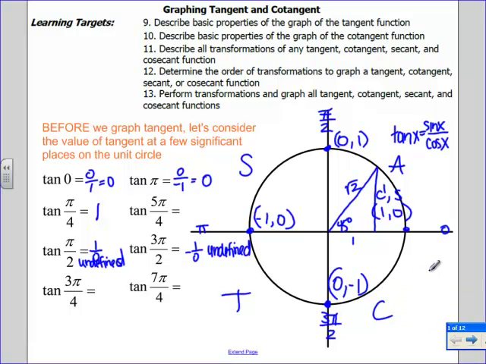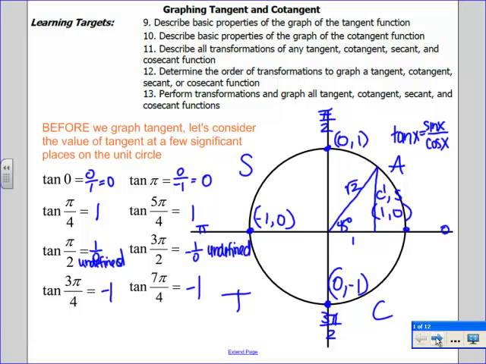It's just a matter of is it positive or negative. So in the second quadrant, in the sine quadrant, you have a negative 1. In the tangent quadrant, again, tangent is positive 1. And in the final quadrant, tangent is negative 1 again. We're going to use these values to help us sketch a graph of tangent on that next page.